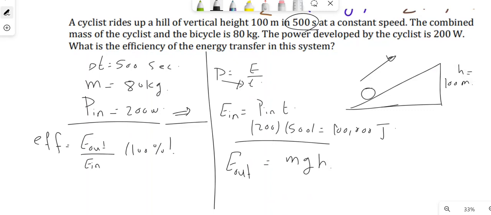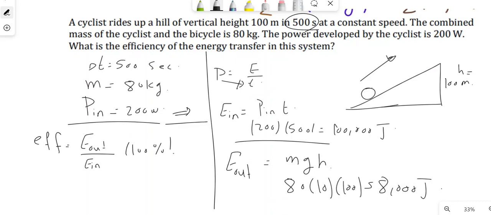The height is 100 meter. The mass of the cyclist and the bicycle is 80. g is 10, h is 100. And this will give us 80,000.